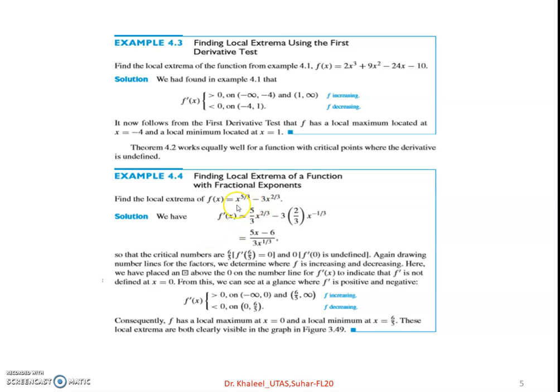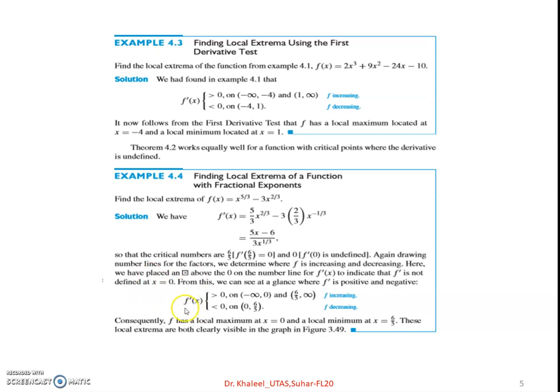Similarly, in this case, you see we have f x, then I find the f prime, we have this, then I can apply both the rules to find the critical numbers. So I equate to 0, the x will give you 6/5, then I take the f prime x not defined, then x becomes 0, therefore we have two critical numbers here.